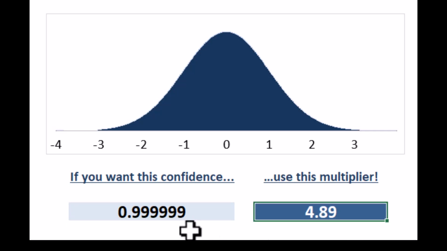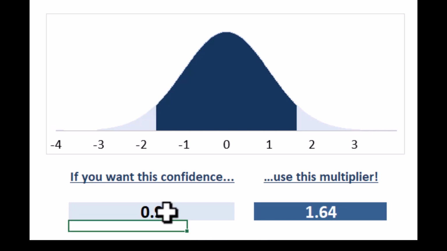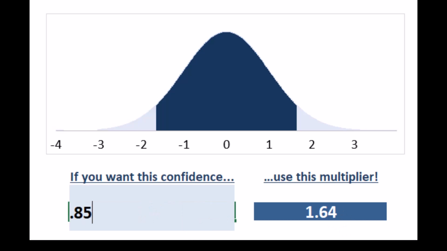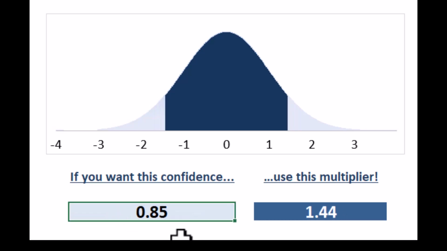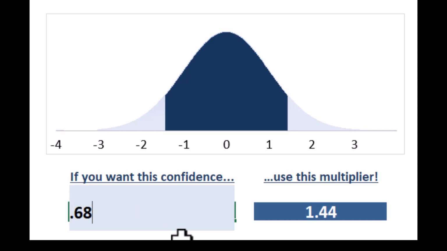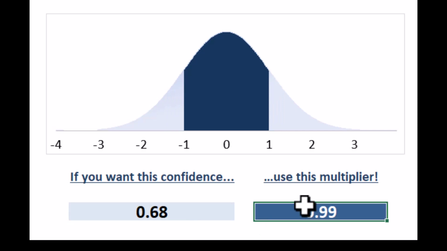You could also go below 95%. A very common number to use is 90%, which is about 1.64 standard errors. 85%, I've never seen it used, but you could go 85%. This is kind of an interesting one, and you might remember this from your study of standard deviations. 68% is just about 1 standard error. Just about 1. 68%, 1 standard deviation.